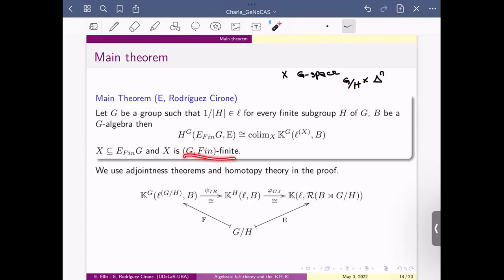This is what I mean. Then we are going to explain how we prove that.